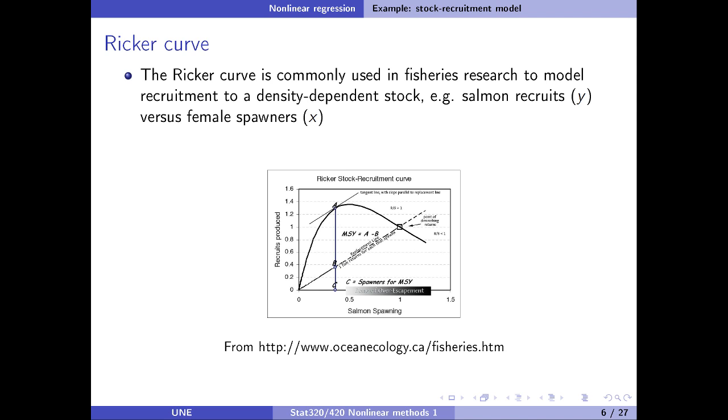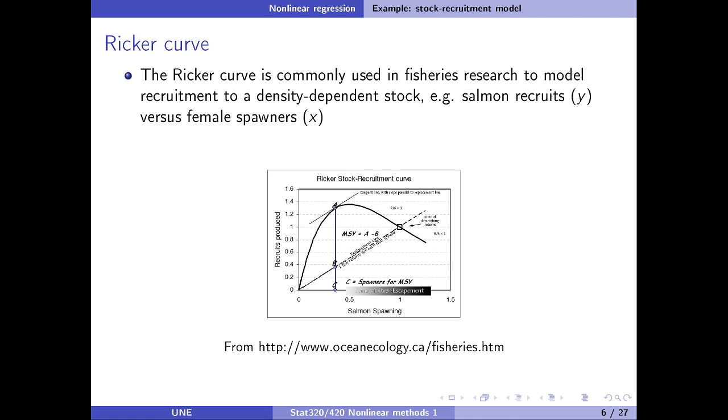Now, one of the interesting things about the Ricker curve is that it can be quite sensitive to individual data points, and fisheries data does tend to be really noisy. And in fact, an over-reliance on this curve and other curves without incorporating uncertainty really led to the crash of the fisheries on the east coast of the US, particularly the cod fishery.